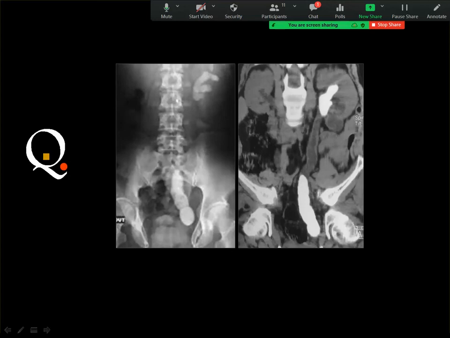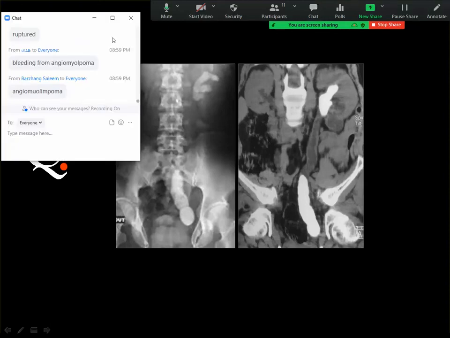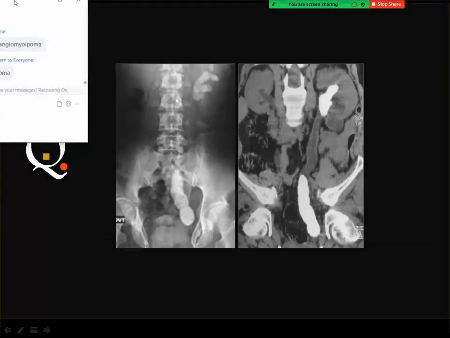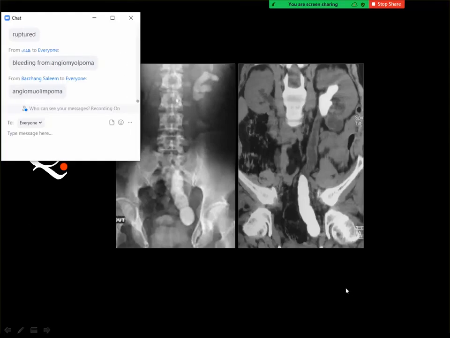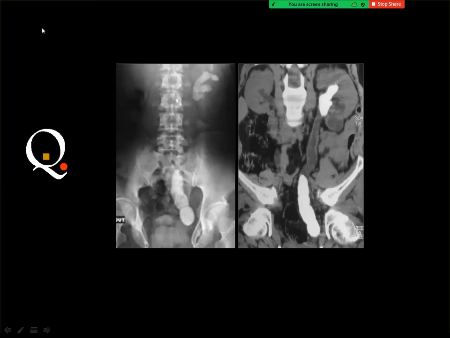The next case is the plain film and the CT urogram of the abdomen. I presented this case to show you that there is no limit for the size of renal or ureteric or vesical stones.